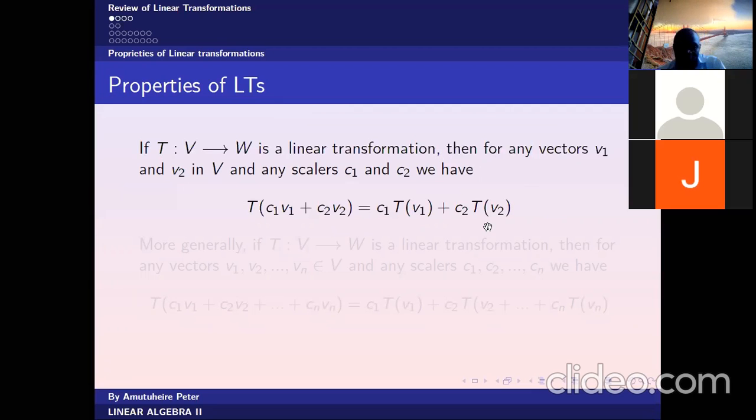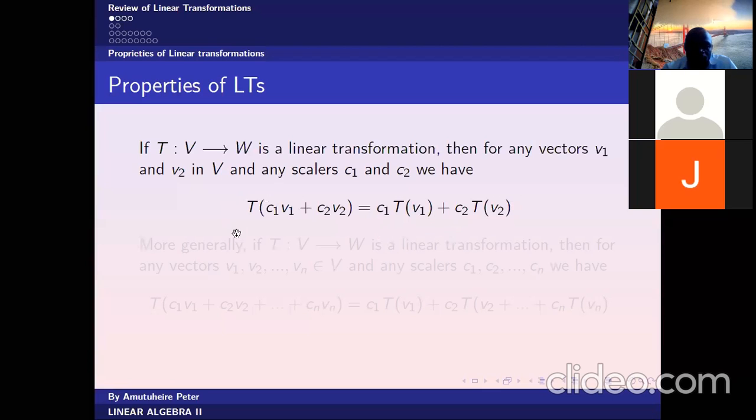In fact, some books give this property as a definition of a linear transformation. You see, we said a transformation T mapping V to W is said to be linear if it satisfies A and B. So this property here is a combination of conditions A and B. If you want to prove that a given transformation is linear, you simply need to work on this property.